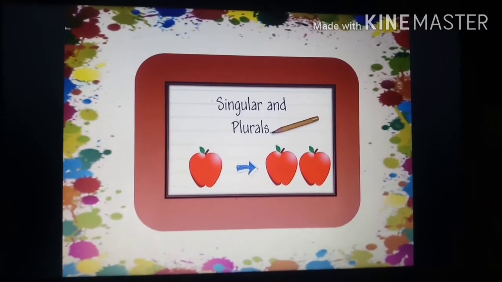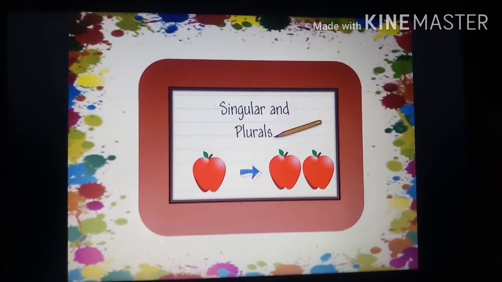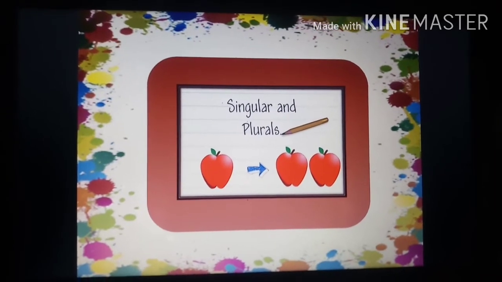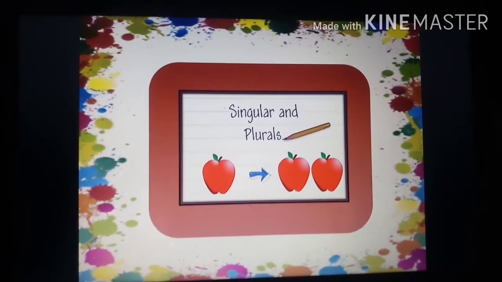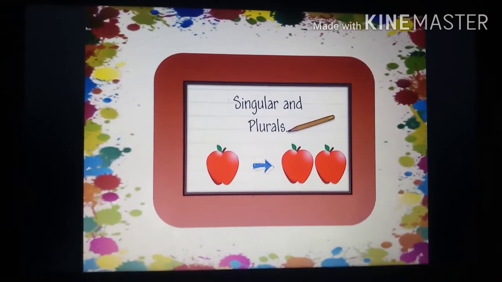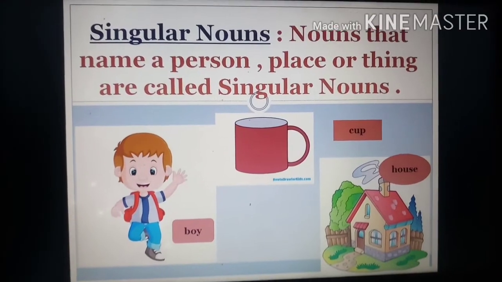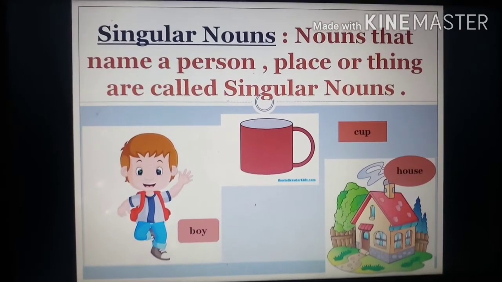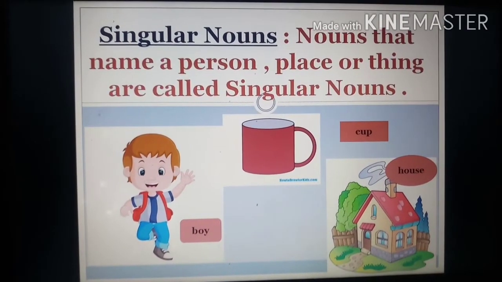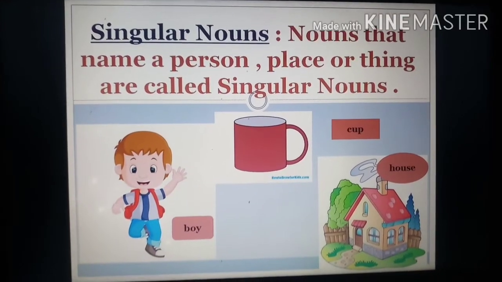In today's class, we will learn more about nouns. And today we will do singular and plural nouns. Singular nouns are the nouns that name a single person, place, or thing. As you can see in the pictures, there is a boy, a cup, a house.